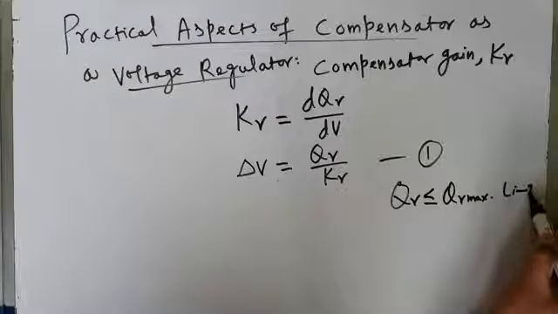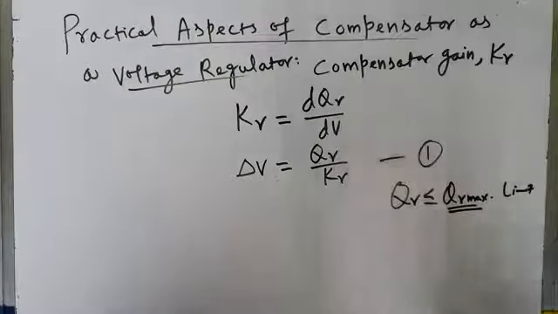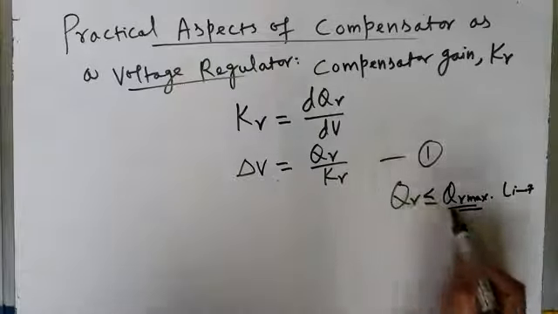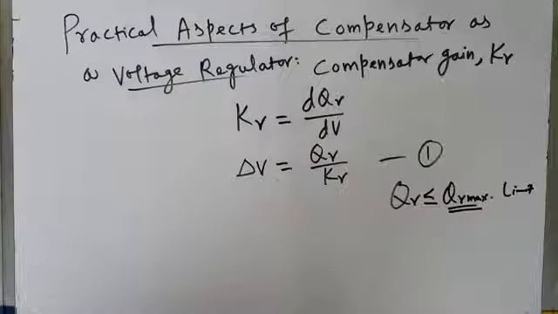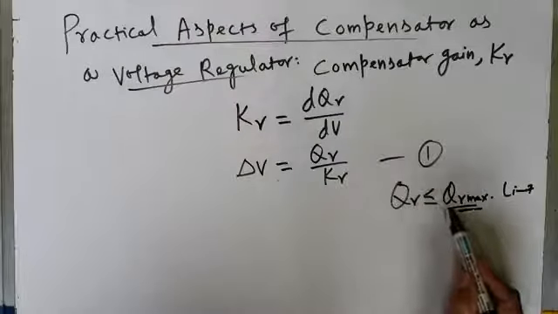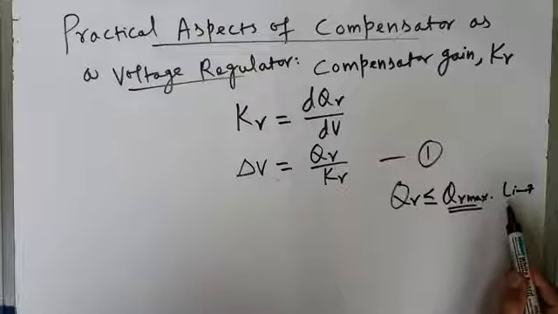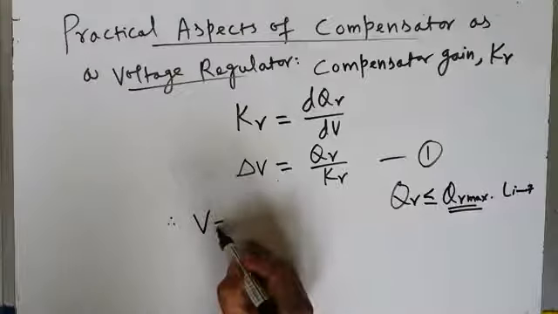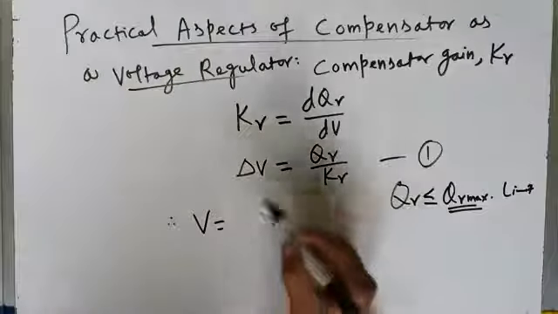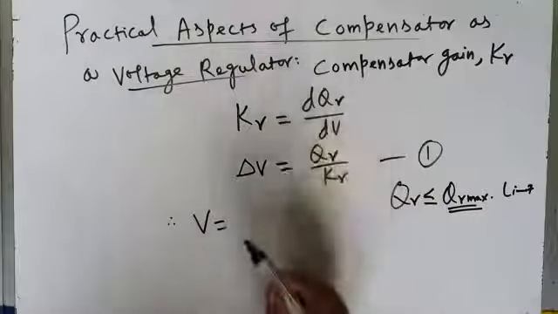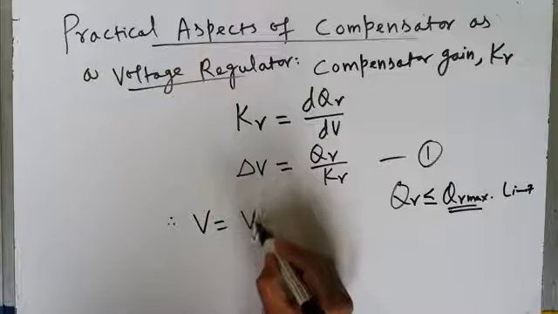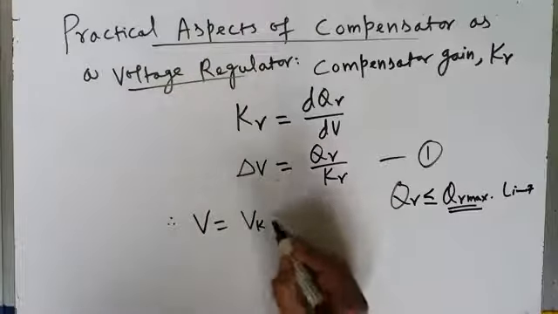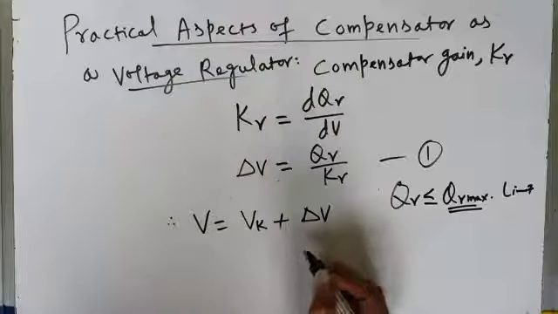Suppose this is the maximum limit for which you have designed your compensator. So this should be at least equal to Q gamma max. So the assumption is that the compensator characteristics are linear with this limit, that's Q gamma less than or equal to Q gamma maximum limit. Voltage after compensation can be written as rated voltage Vk plus delta V. What is delta V?